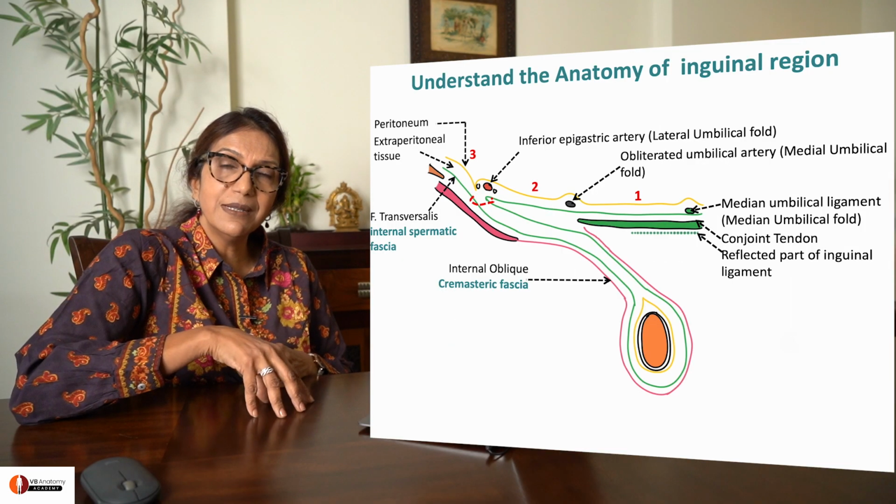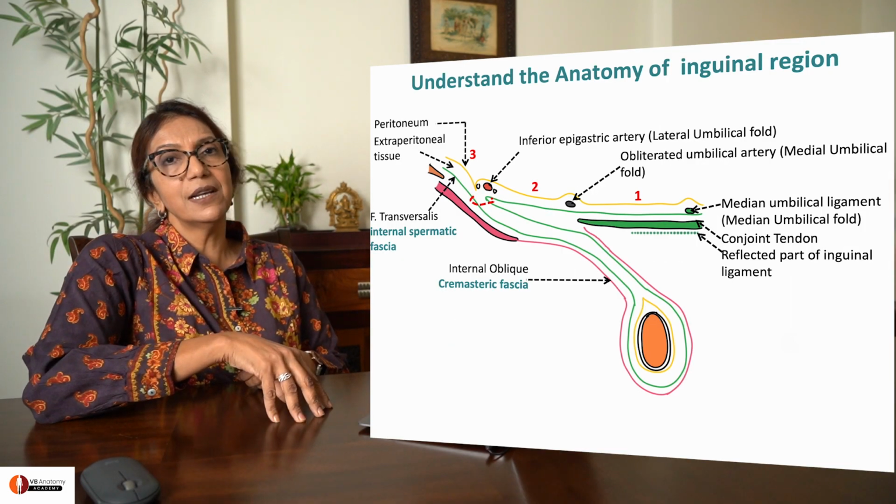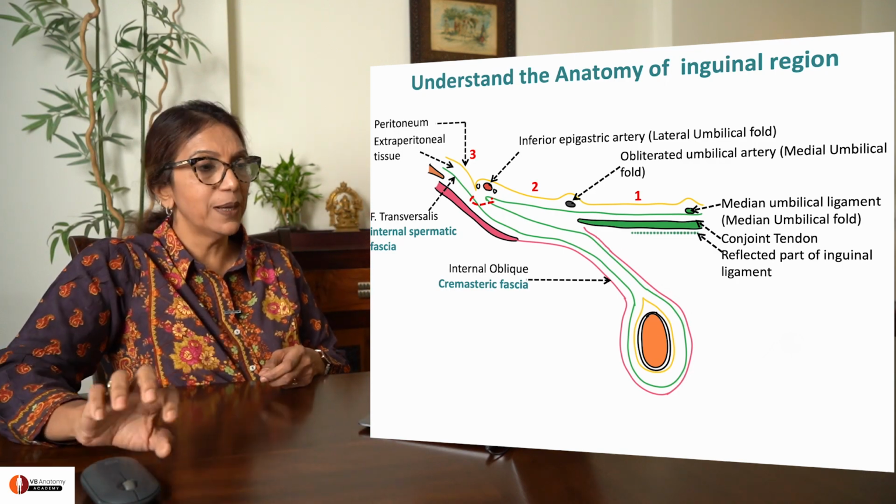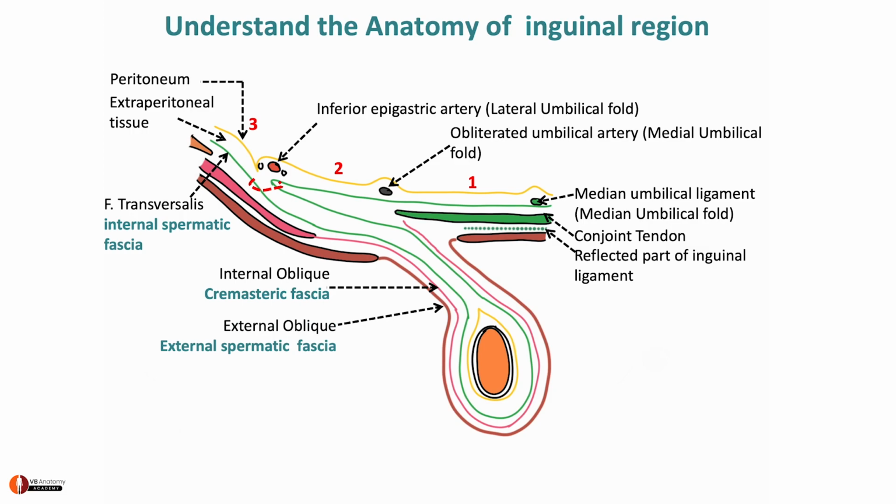Those who are not understanding this, please go and see the lecture on the inguinal canal, where details of all this have been explained. Finally, the last layer of muscle outside is the external oblique. As you can see, the external oblique is giving rise to another fascia, which is called external spermatic fascia. In the core, of course, you can see the testis and the tunica vaginalis. So, what are the layers which are covering the testis and tunica vaginalis?